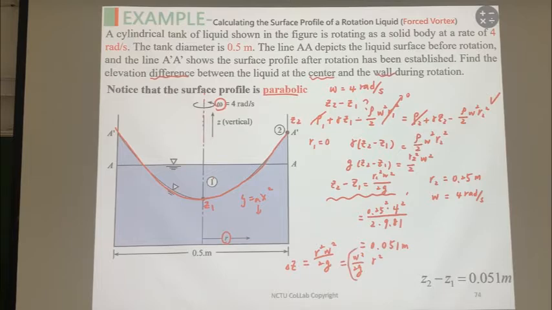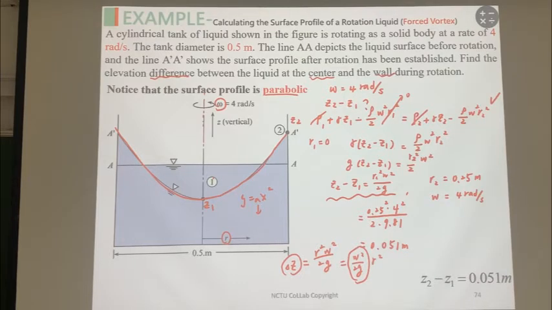Okay, so this normally controls the curvature shape of the liquid surface line. So if I change to a different omega angular speed, delta z will change also. And the relationship between delta z and omega is a positive relationship. Okay, omega larger and the elevation difference also increases.